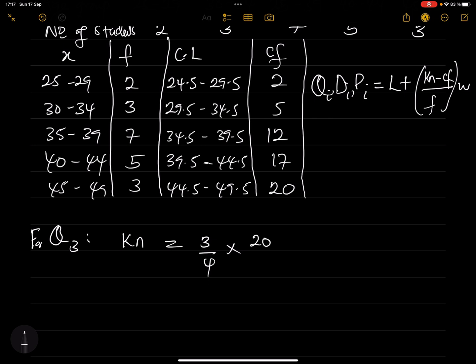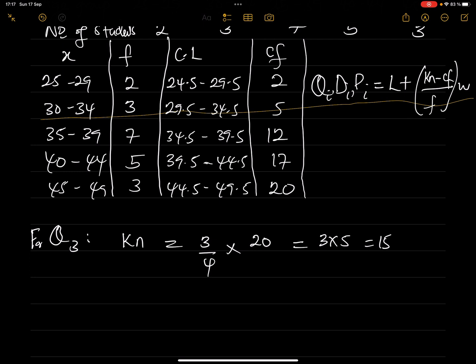So 20, and this will give you what? Tell me. 3 multiplied by 5. So this is 15. This Kn actually gives you the cumulative frequency of the location of interest.